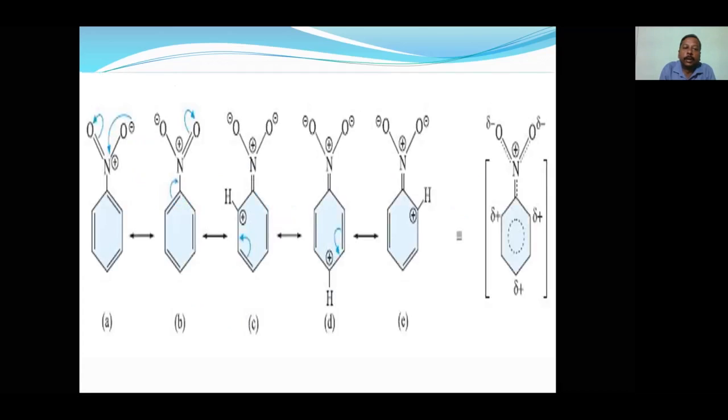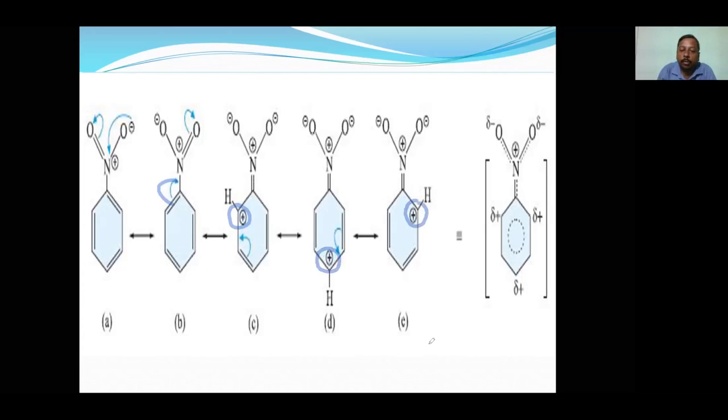Okay, next, this is how meta directing. Okay, minus M groups are meta directing. Why? That is also because of the ortho para only. See, electrons are taken away by the nitrogen. Okay, from the conjugated system it is taking. So electron density decreased at the ortho position, and here electron density decreased at the para position, electron density decreased at the ortho position.